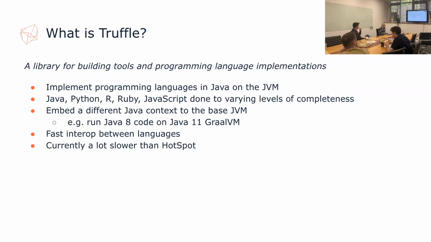I think the interesting point here is probably that you can run the different languages together and they can interoperate in a fairly performant way without going through JNI or anything like that, sort of native Java. One of the other things that's slightly interesting with it is that you can run a different Java context. So you can run Java 8 code on a newer VM, so that it is in theory more compatible.